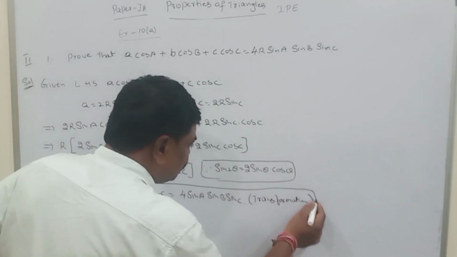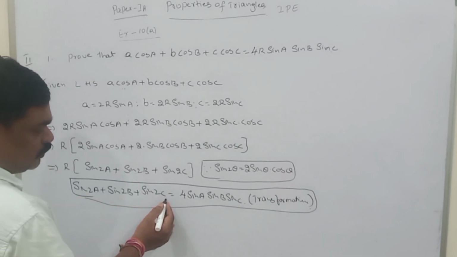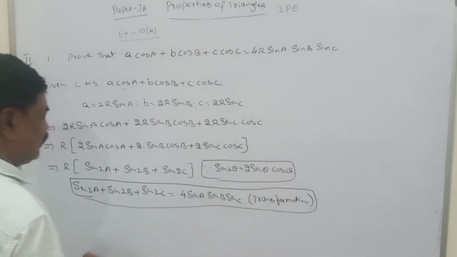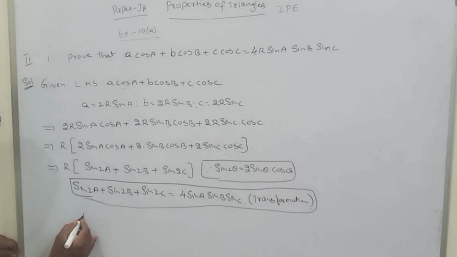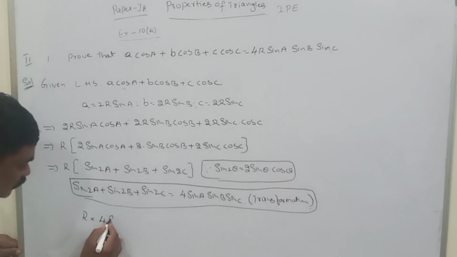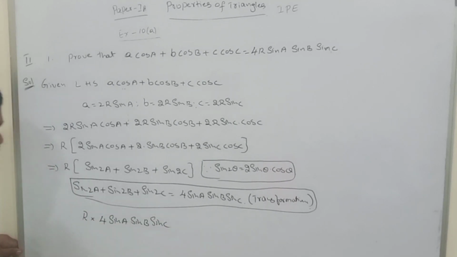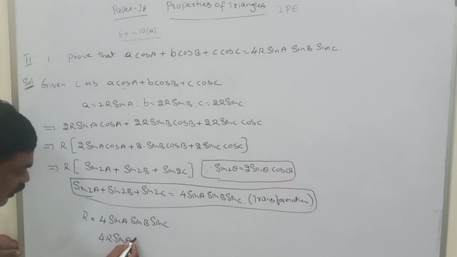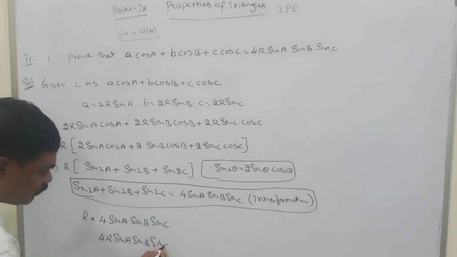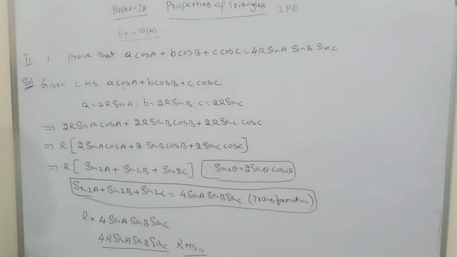From transformation we have sin 2A plus sin 2B plus sin 2C is equal to 4 sin A sin B sin C. Just we have to substitute here, R into 4 sin A sin B sin C. Then we can write it as 4R sin A sin B sin C. This is the RHS, required answer.